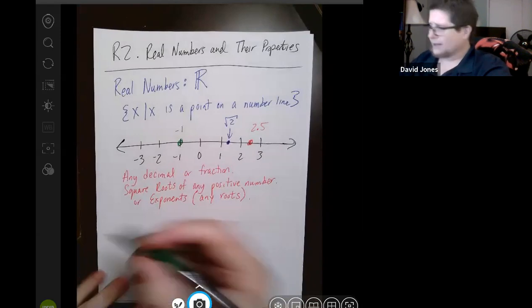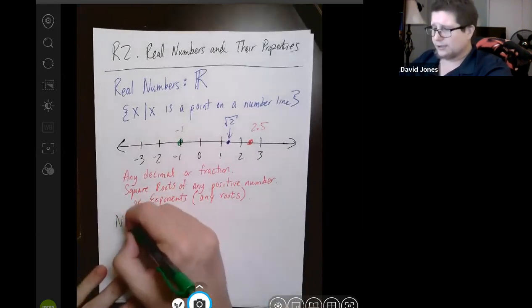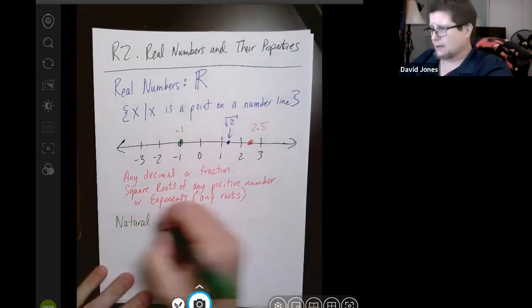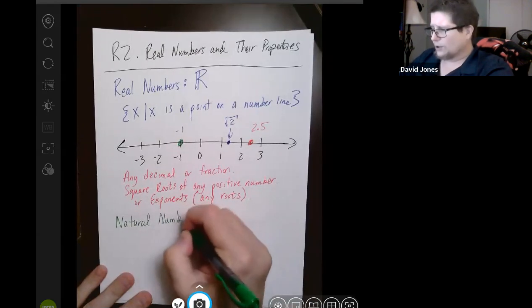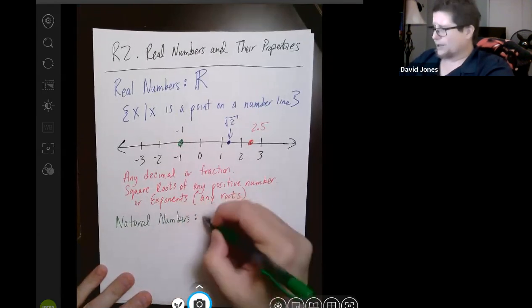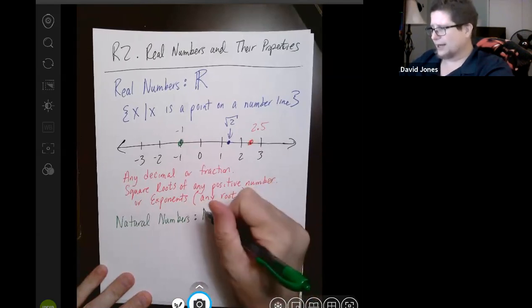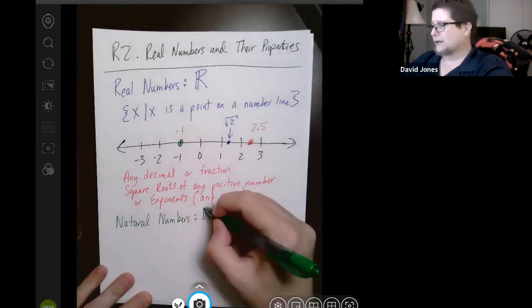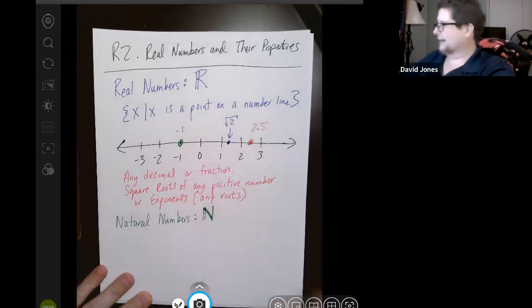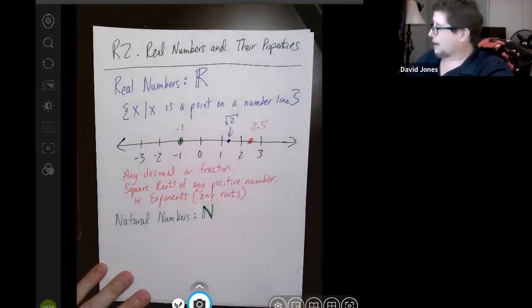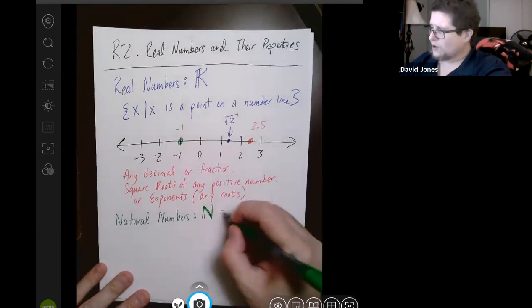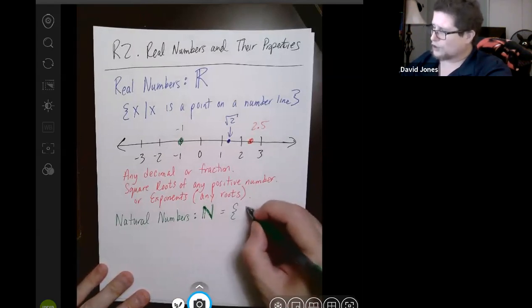We talked about the other day, natural numbers. They have a symbol also. We use a capital N, and just like with real numbers, we put an extra vertical bar. So we've got N like that. And recall, this was all the whole numbers starting at 1.